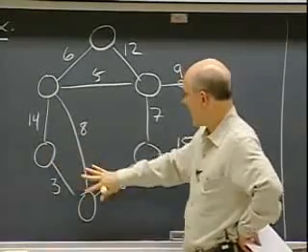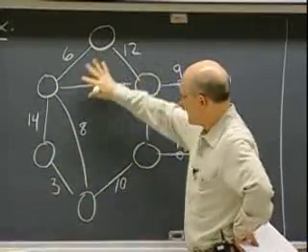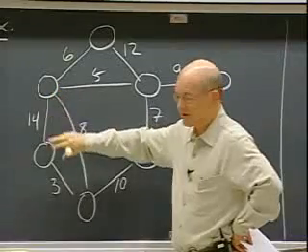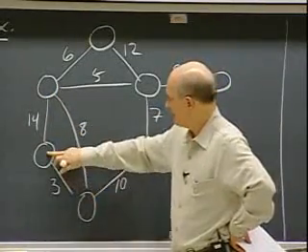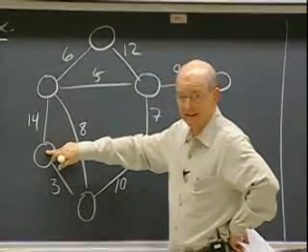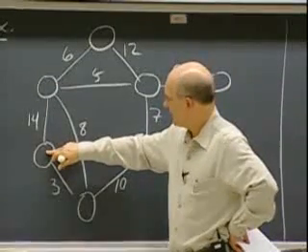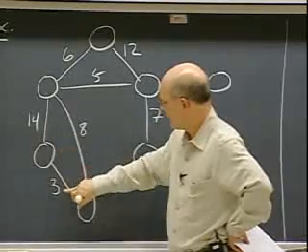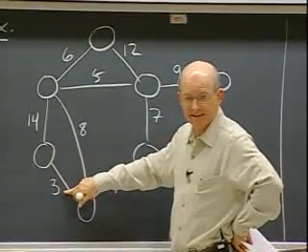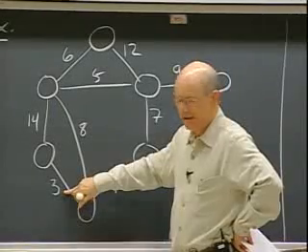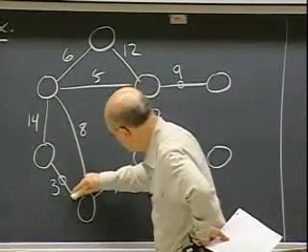Which means that if you had something you said was a minimum spanning tree that didn't include 3, and so therefore it had to include 14, then I could just delete this edge 14 and put in edge 3, and I have something of lower weight, right? So 3 has to be in there.